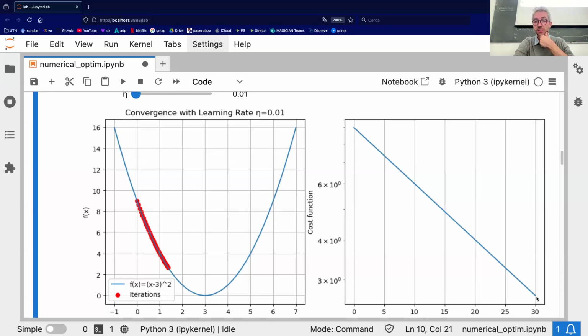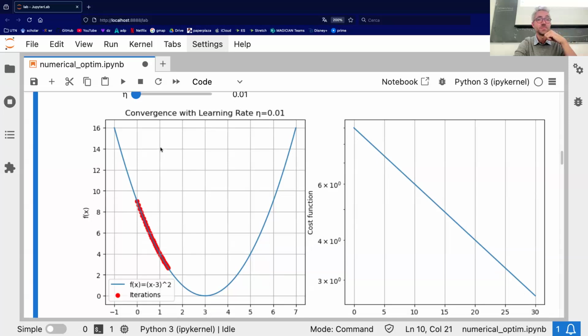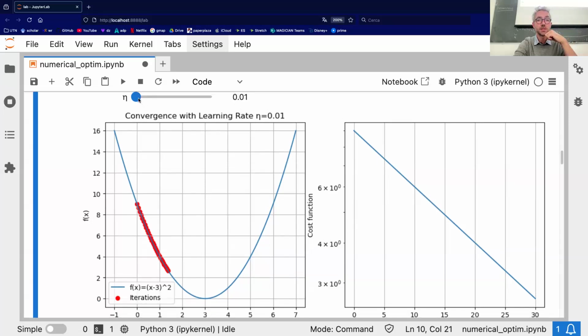We are roughly at 2 point something instead of being at 0. So if you tune the learning rate too small, it's going to slow down convergence, because at every iteration we make very, very little progress. Even if we go in the right direction, it takes ages to get to the minimum. So we need to be careful with that.